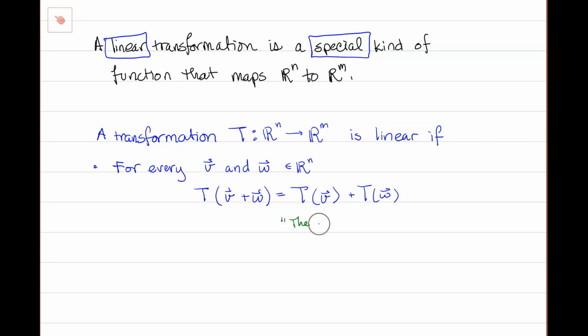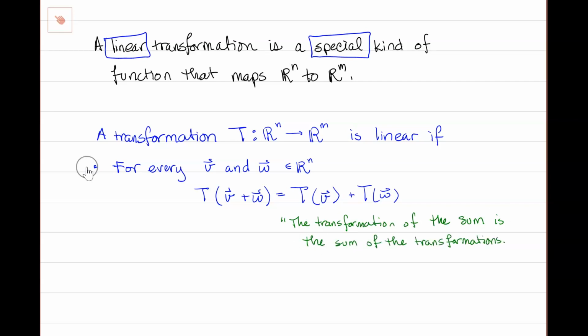So a quick way of saying this is that the transformation of the sum is the sum of the transformations. And as I said, there are two properties that a transformation must have if it is to be called a linear transformation.